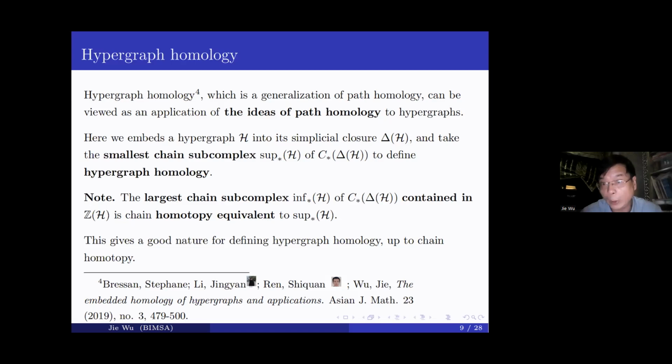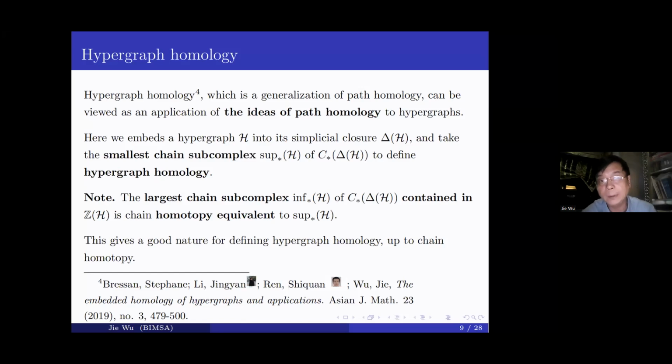Now the question is whether we can introduce topology. Here, topology means you can introduce homology theory in a natural way, which can give some topological features on hypergraphs. It turns out that following the ideas of path homology, it works well for hypergraphs. So we can also introduce hypergraph homology in a natural way.